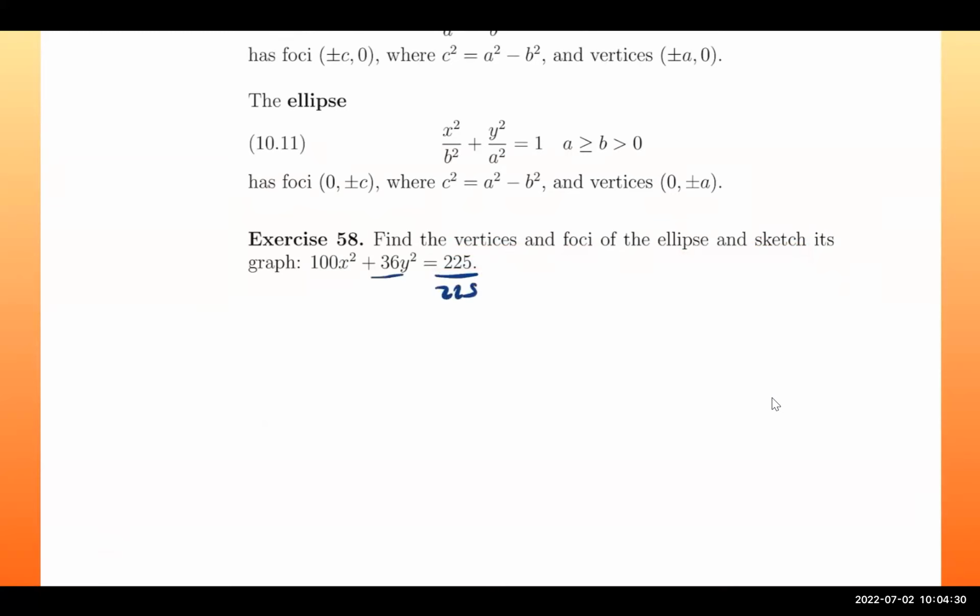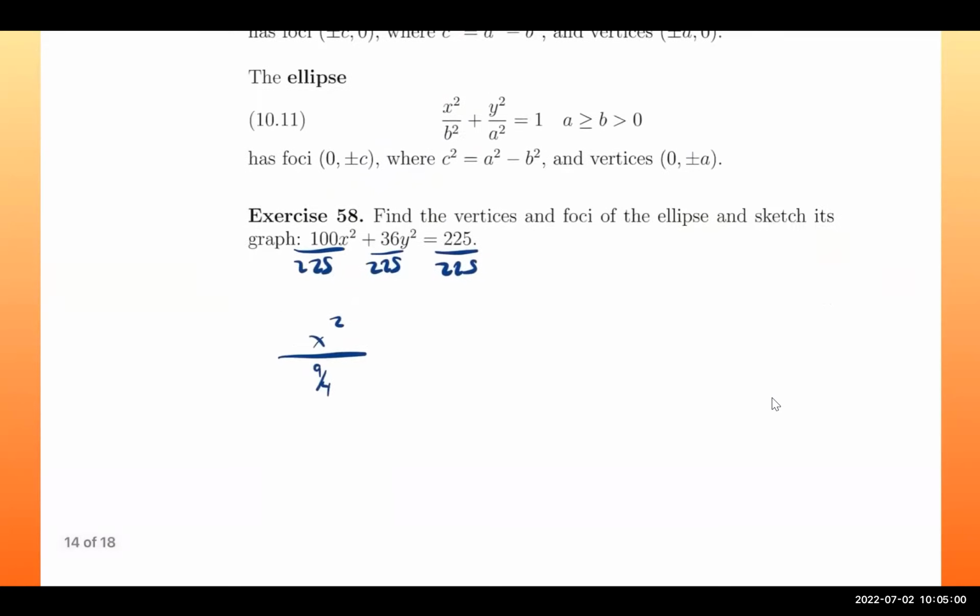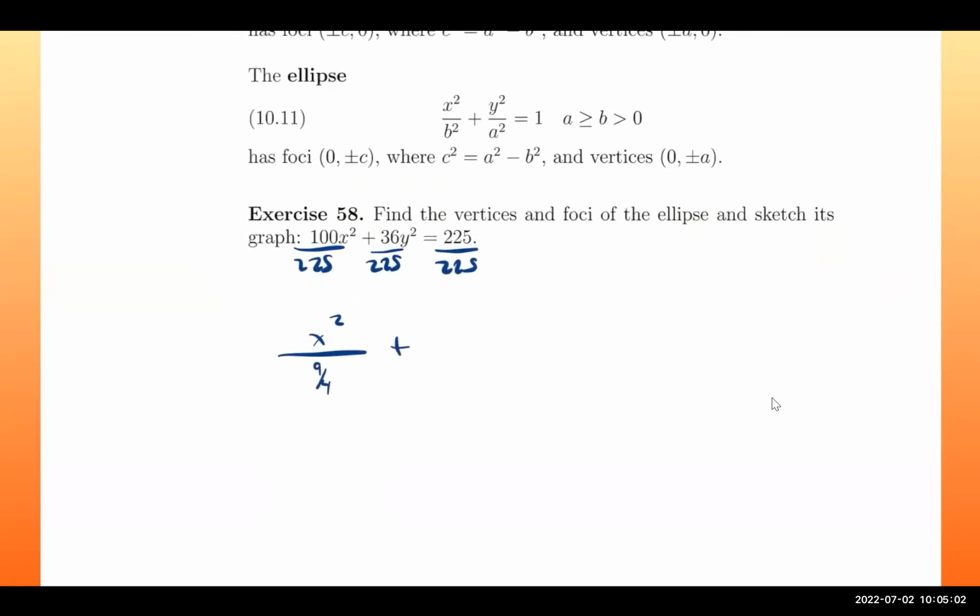In order to get it into the proper form, you need to divide by 225. If we simplify that, it's going to be x squared over, you can divide by 25, so it's 4/9, which you can also write as 9/4, since you want it in this form.